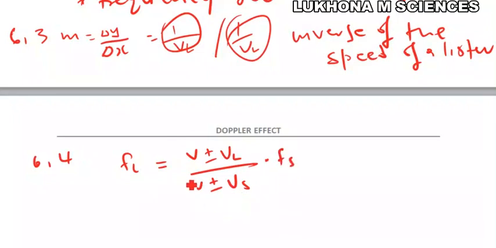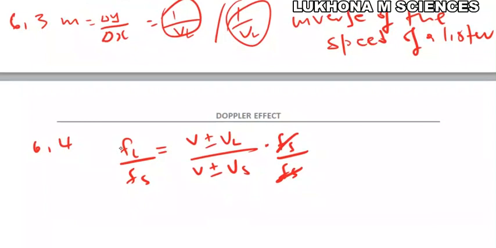We always divide by FS. This cancels that, so we have the ratio that was written on the graph.